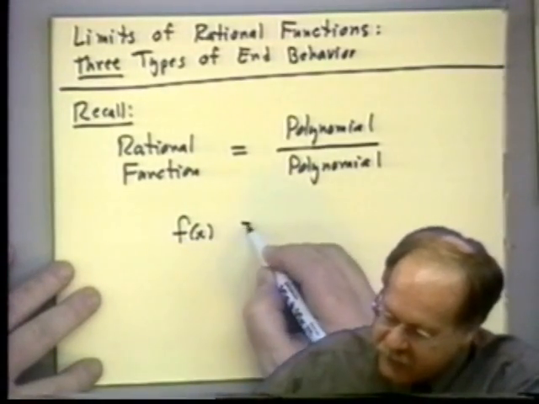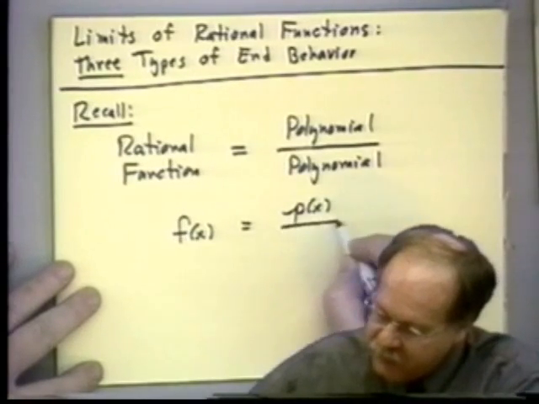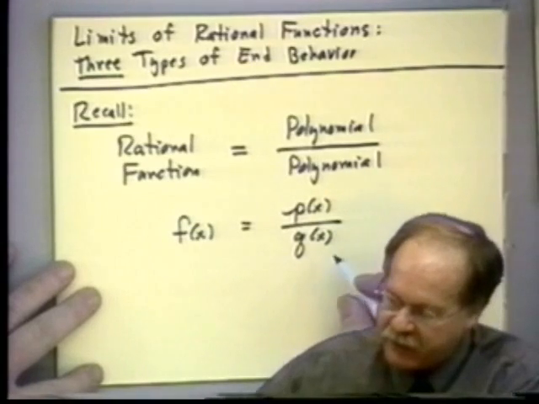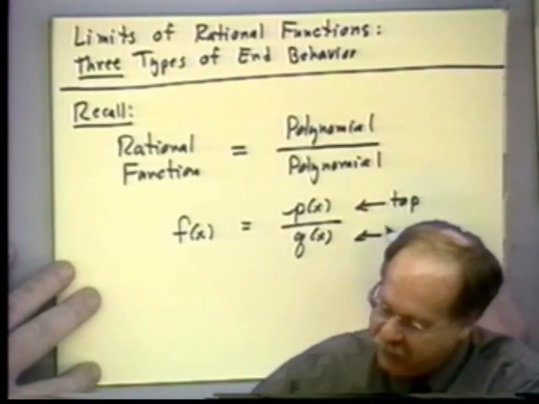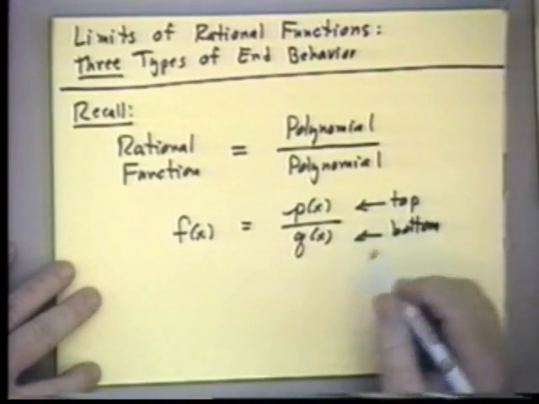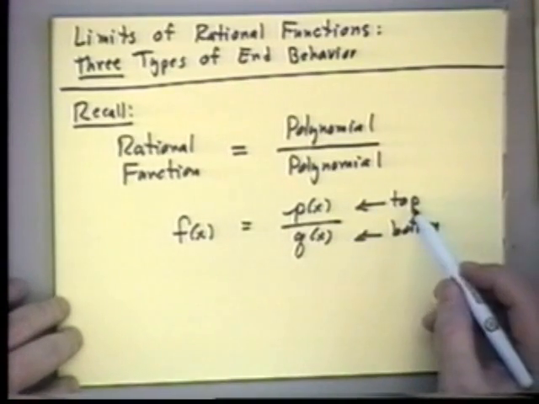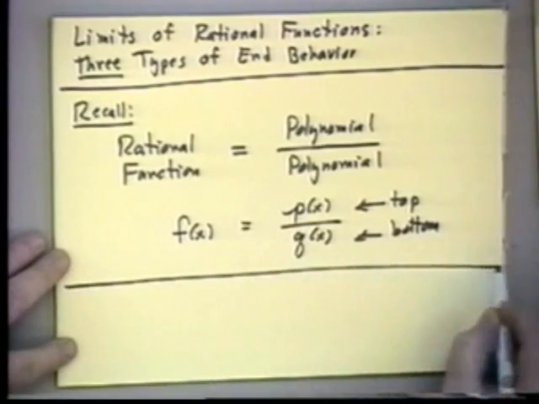If you write it in notation, we could say that the rational function f of x is, say, p of x over q of x. We've used p of x and q of x for polynomials before. And we can refer to p of x as the top polynomial and q of x as the bottom polynomial. Now, of course, technically we could call those the numerator and the denominator, but I'd rather just call them top and bottom. It's a lot easier.